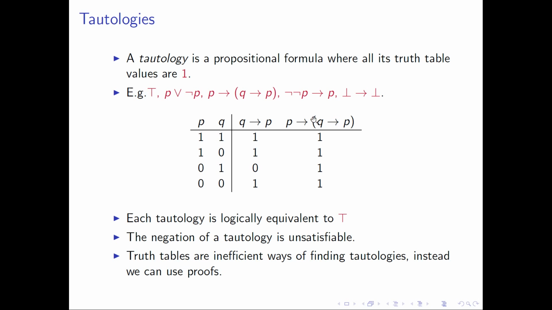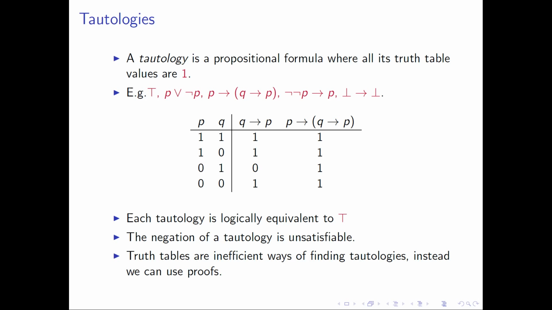Every tautology is logically equivalent to the truth symbol. It always has the same truth table. If your truth tables don't have the same number of rows, you can always just add in the variables that appear in the other formula. Truth tables tell you whether something is a tautology or not.